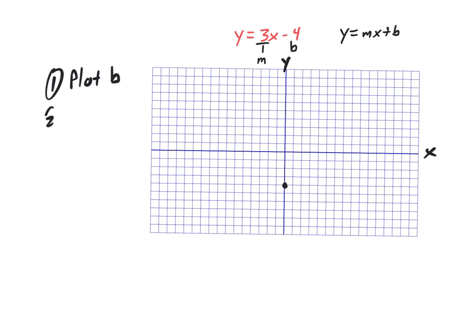Okay, second step is we're going to plot the slope from the y-intercept. We have to have a point to start with. I can't start with slope because I don't have a point to begin with. But now that I have a point, my slope is 3/1.